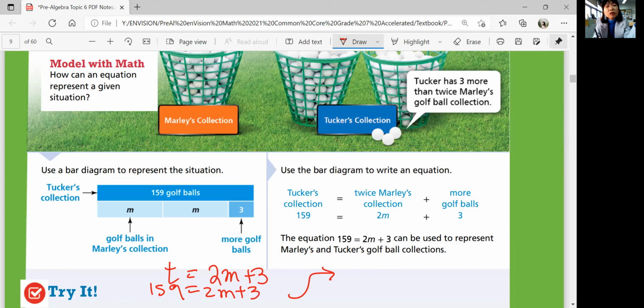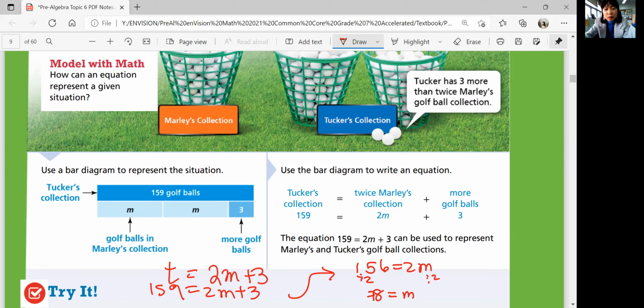Yes, you can use the properties of equations to subtract 3 on both sides and get 156 equals 2m. And then divide by 2 on both sides, and you get m is equal to 78.